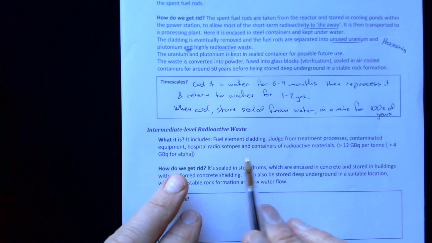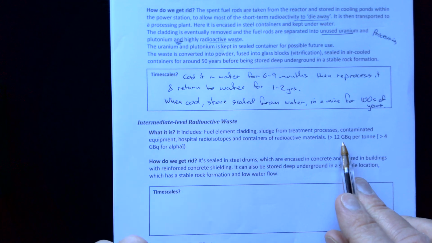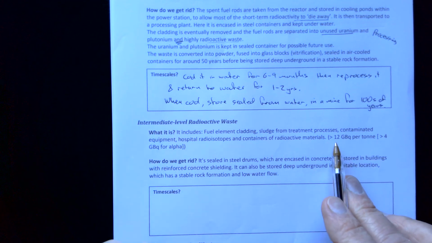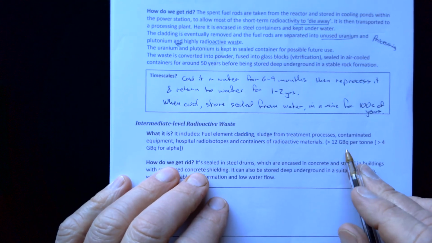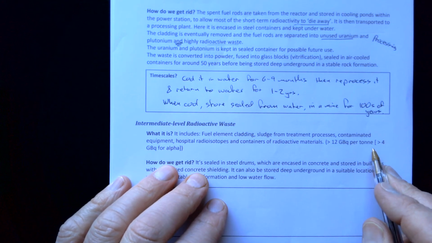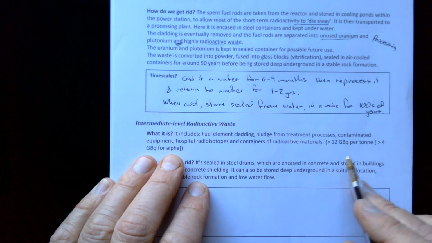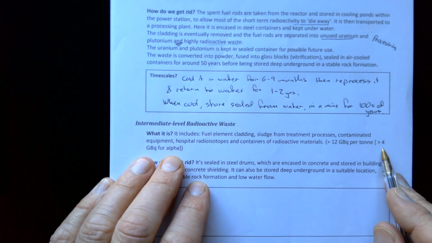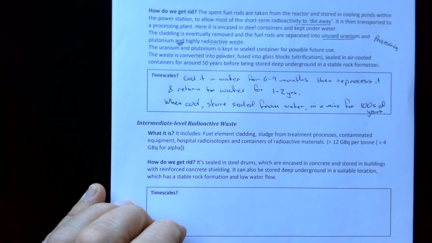Okay, so the crucial bit is they need to be below a certain dose to qualify as intermediate level. So 12 million becquerels per ton for most radiation, but because alpha is more ionizing and causes more damage, 4 gigabecquerels or less for alpha.